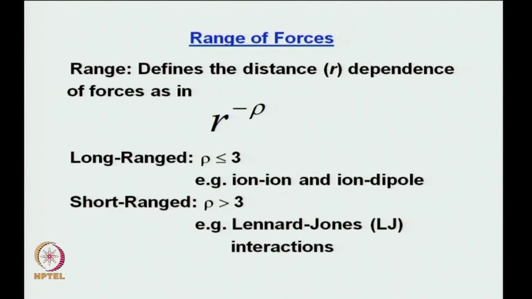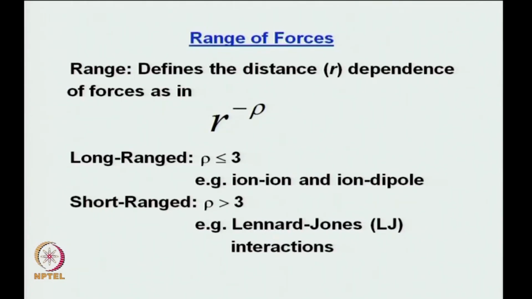R dependence. That means, here rho would be 1, right, for Coulomb potential, rho is 1. Okay. So, there are two different ranges. Obviously, if you have a long range, you will be having a short range. The idea is that both of these forces, for example, van der Waals or dispersion forces, are typically what? Short or long range?